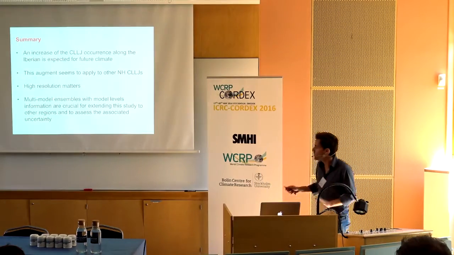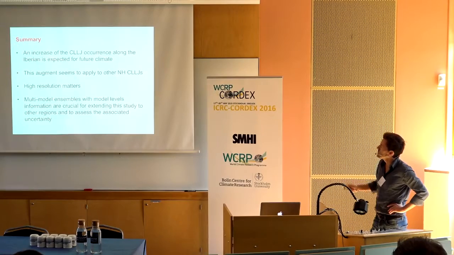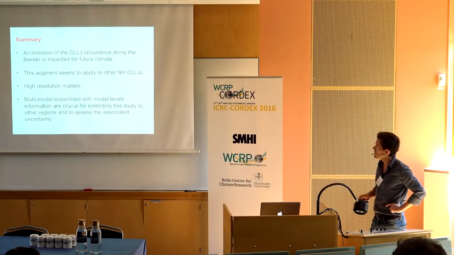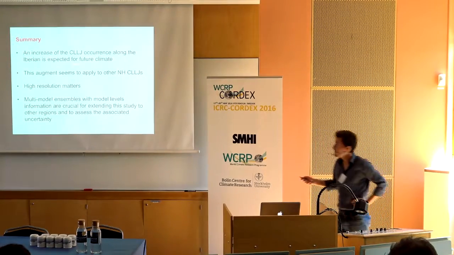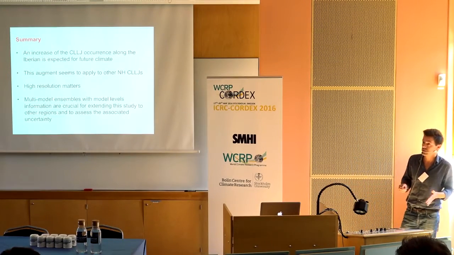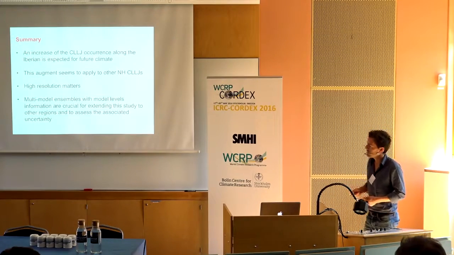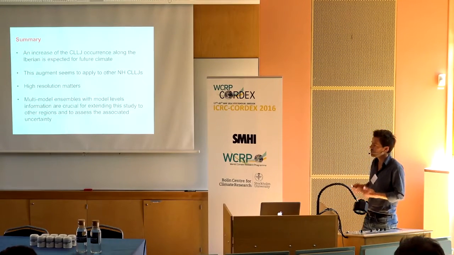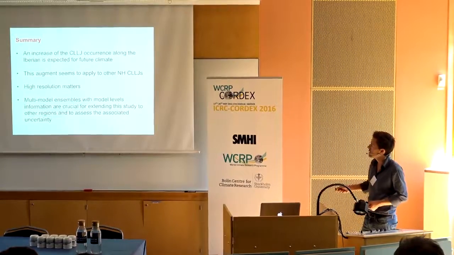So as a summary, we really see this increase of the Iberian coastal low-level jets that we can apply to the other Northern Hemisphere jets. This is in agreement with other studies that focus more on the upwelling, like one in 2015, which has the same kind of result, an increase of upwelling and of the wind at higher latitudes in the eastern boundary currents.